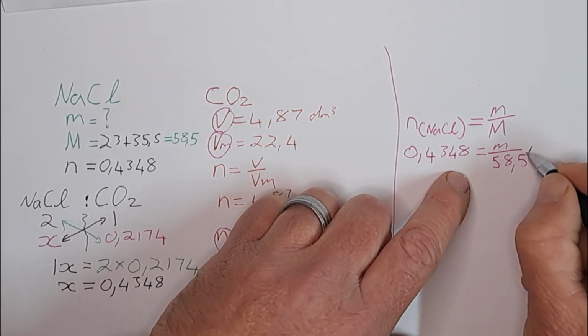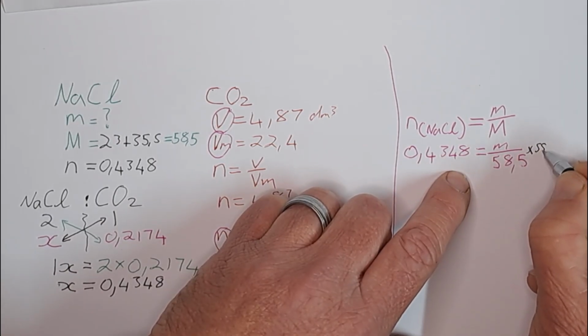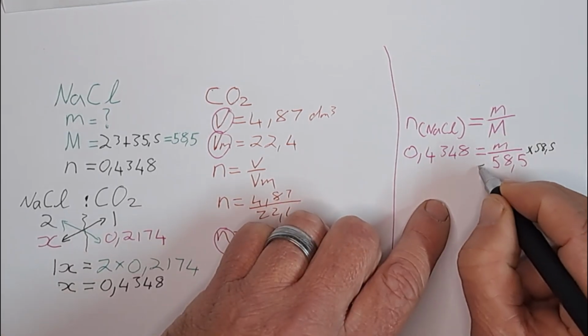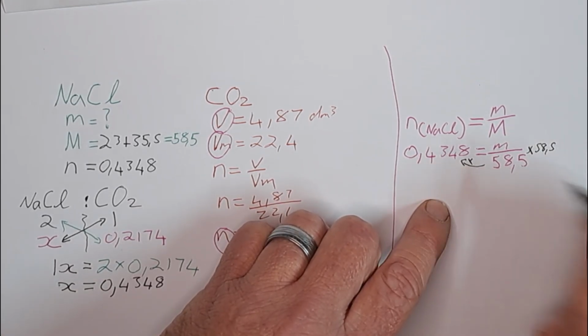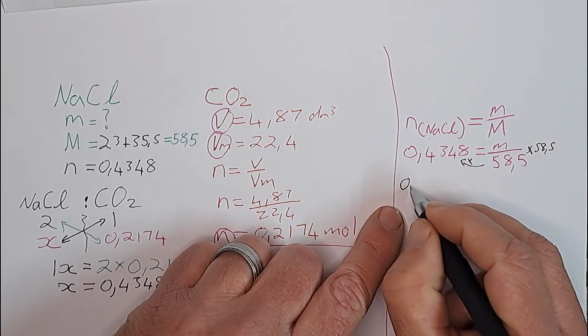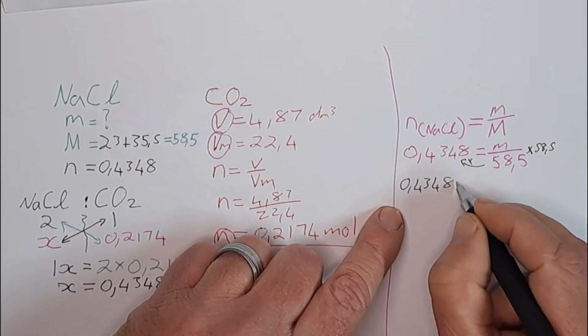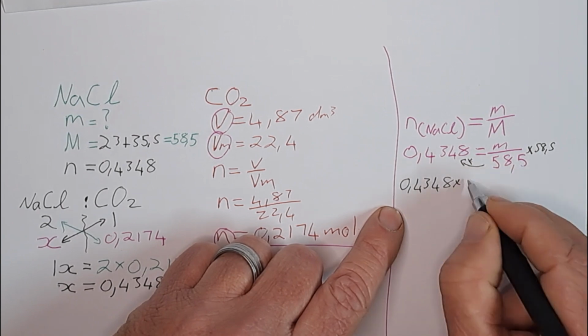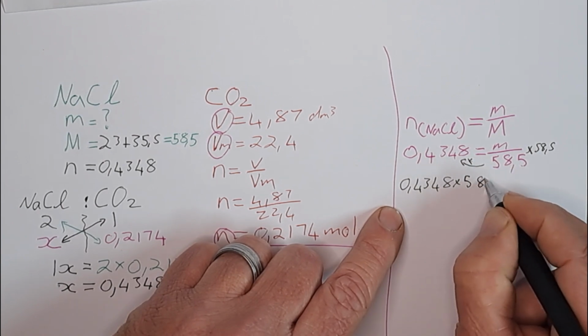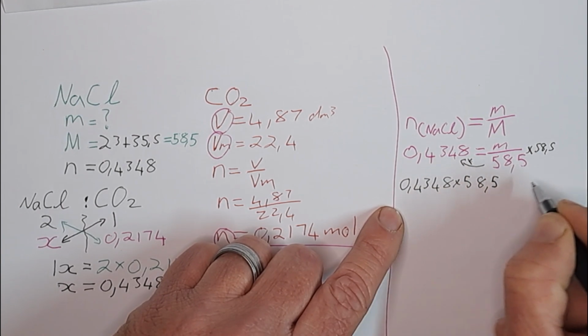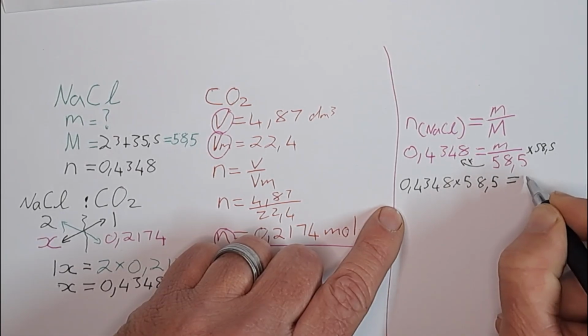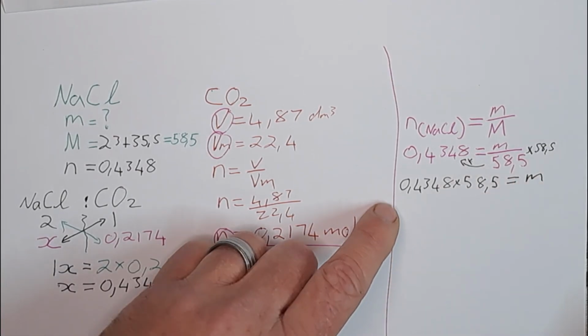It is divide, so I'm going to multiply with the 58,5 this side, but what I do on the one side I have to do on the other side. That's going to give us 0.4348 multiplied with 58,5 equals the mass.